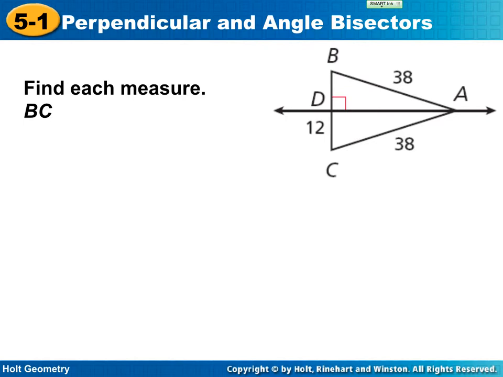If a point is equidistant from the ends of a segment, notice A is equidistant from B and C. Then A is on the perpendicular bisector of that segment. So that tells me that this is not only perpendicular, but it does bisect. So that converse can support that it bisects. So if this is 12 and this is 12, BC is 24 for the answer.